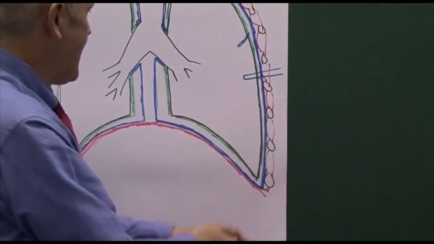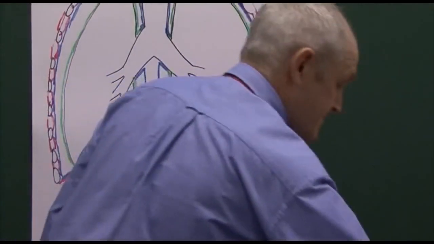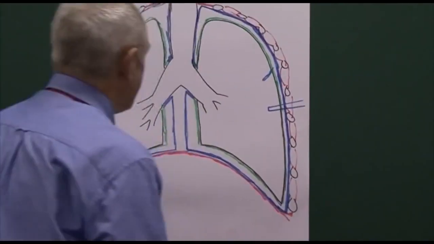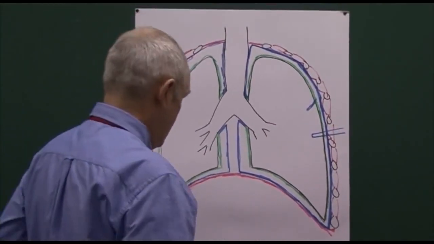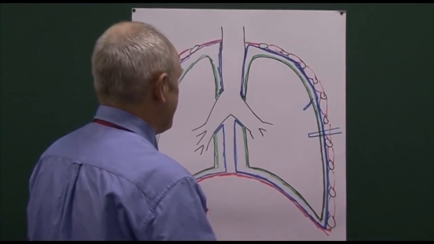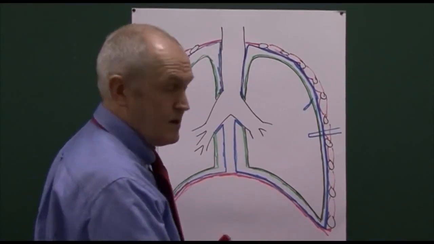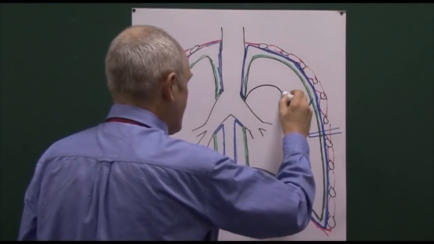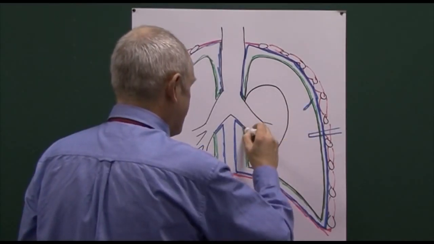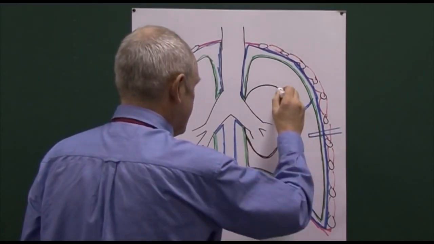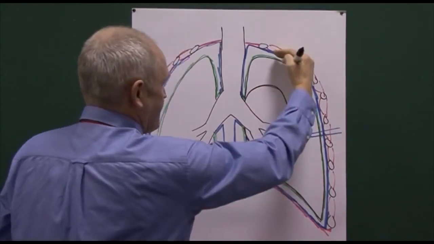The alveoli will collapse and the whole lung will collapse. So what will happen is this whole lung will just collapse into a relatively small volume. So here we have a collapsed lung. It's now collapsed in the way.